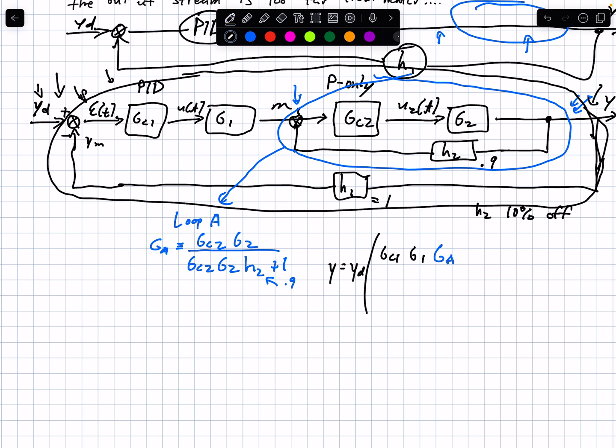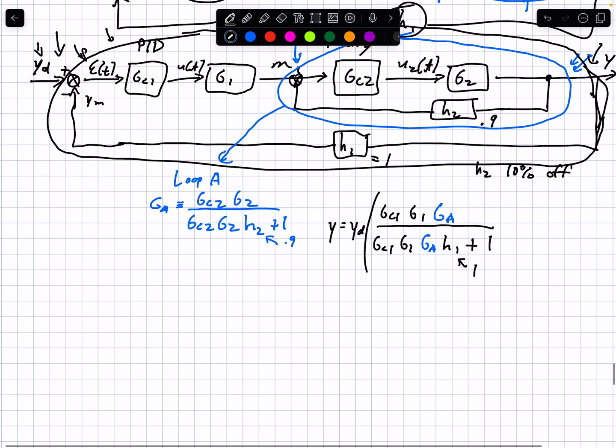And then it's out of the loop right here. Divide that by your closed loop: GC1, G1, we'll use blue, GA, and then H1 now, and then plus 1. Remember, this is going to be modeled as 1.